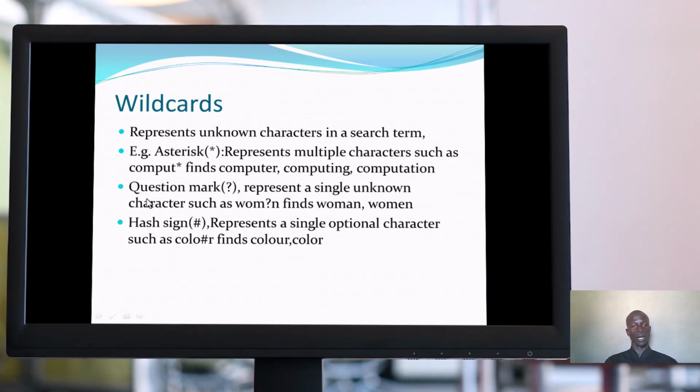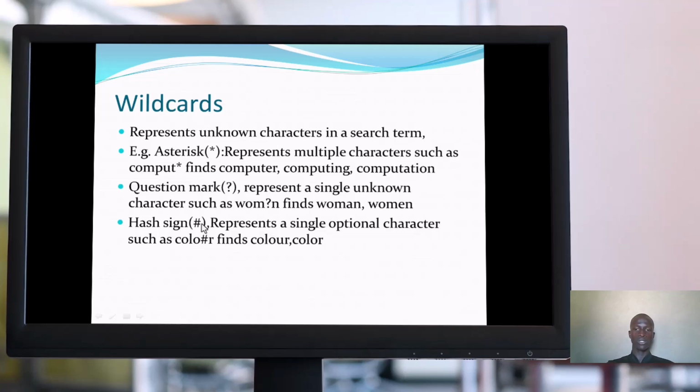As applies to the question mark, this question mark, unlike the asterisk, does not represent a group of unknown characters, but just a single unknown character that has not been included but is in the search result, like say we may have women or woman.